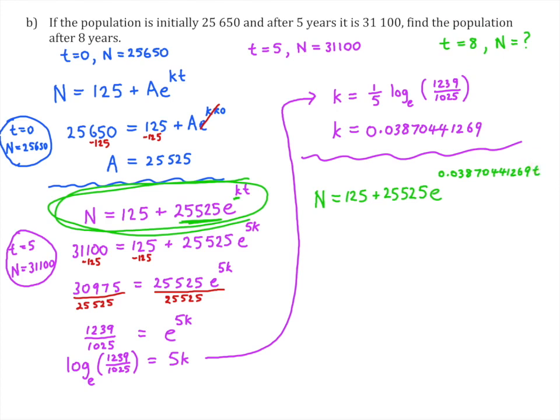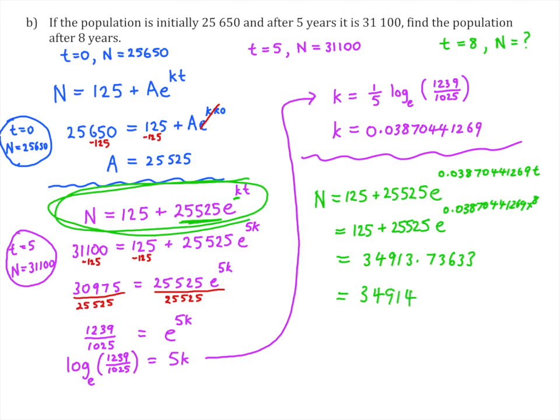And if I do that, I'll get n equals 125 plus 25,525 e to the power of 0.03870441269 times 8, which equals, and put that into your calculator, and I got 34913.73633, and that's going to be rounded to about 34,914, we'll say.